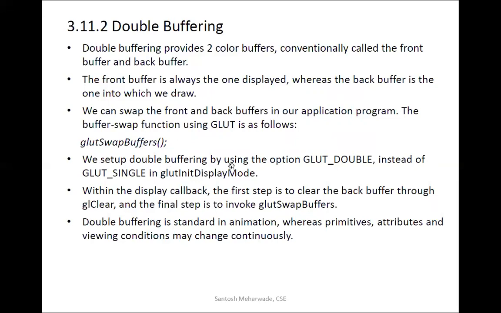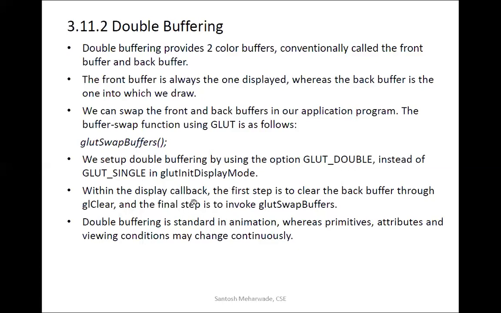We set up double buffering by using the option GLUT_DOUBLE. In the main function you use glutInitDisplayMode, and there you use GLUT_DOUBLE. We are not going to use GLUT_SINGLE; we are going to use GLUT_DOUBLE, which indicates that I am using double buffers.